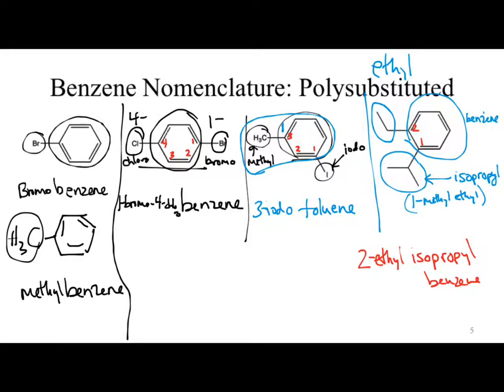Yeah, so what she did is, instead of including the 1 to specify where the isopropyl was, she said by definition it's at 1. You don't have to specify your first position. So 2-ethyl-1-isopropylbenzene. Yes, that's right.